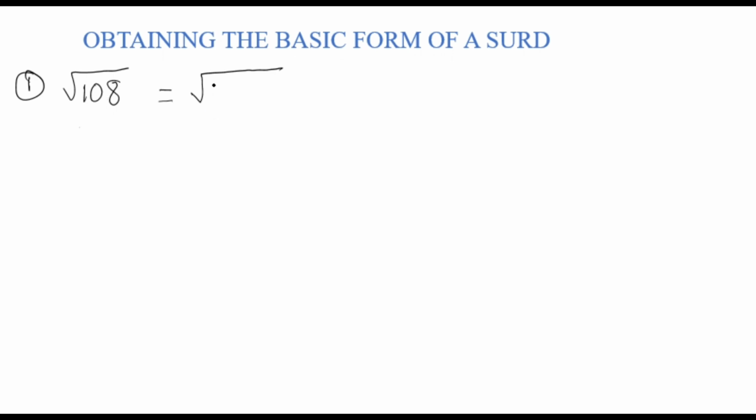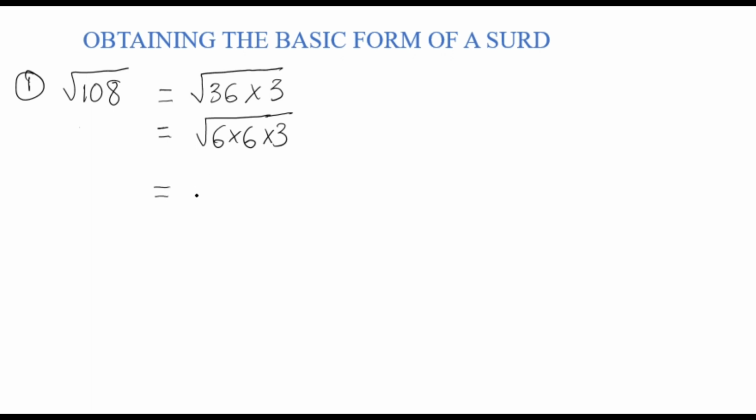In this example, we have 36 times 3. 36 times 3 will give you 108. However, with 36, we have a perfect square integer which is 6 times 6. So 6 times 6 times 3 gives us 108, which is what we have broken down over here.